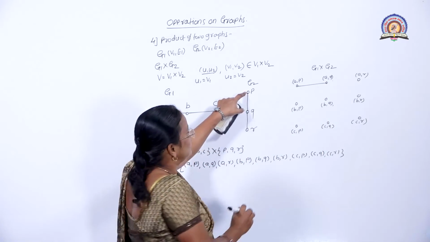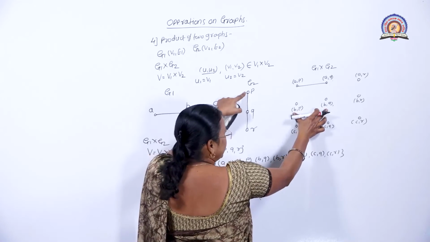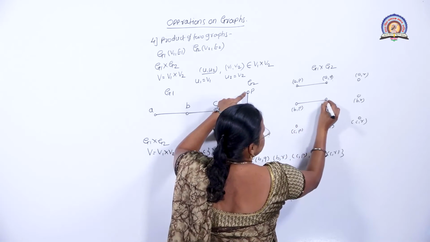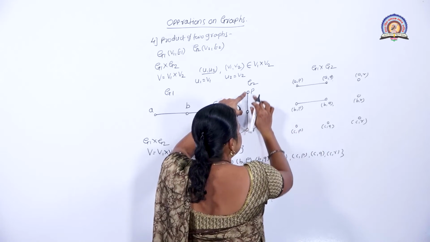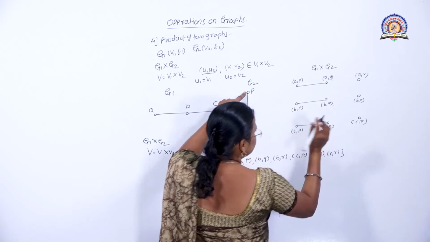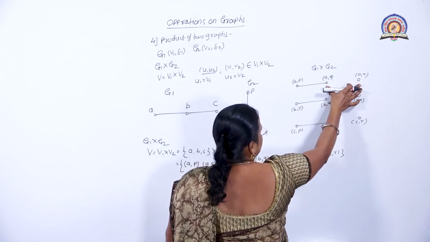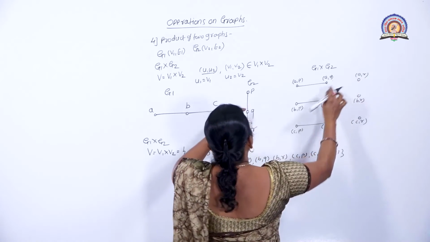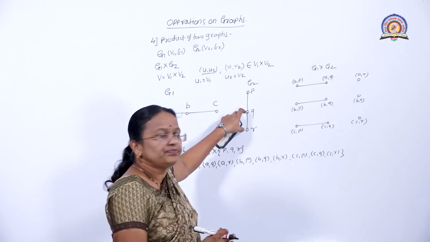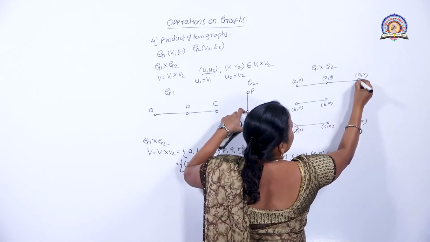Now again, similarly we go below. B is fixed, P and Q are adjacent, join that. C is fixed, P and Q are adjacent in G2, join that. Now next, for AQ, AR: A is fixed, check whether Q and R are adjacent in G2 or not. They are adjacent in G2, so join that.